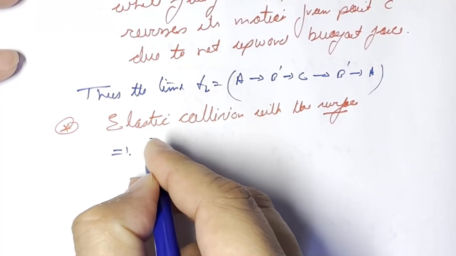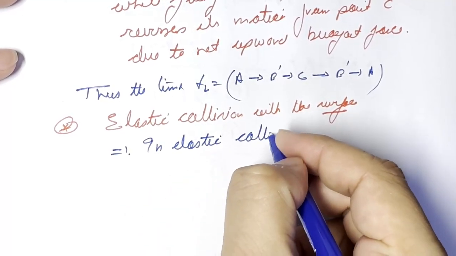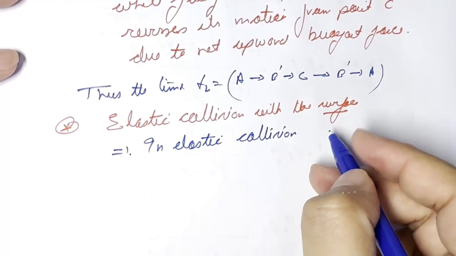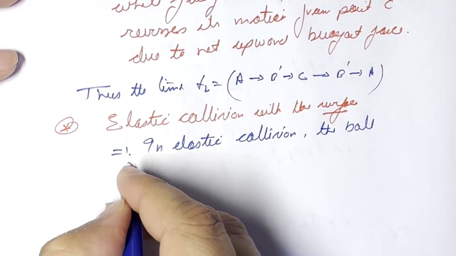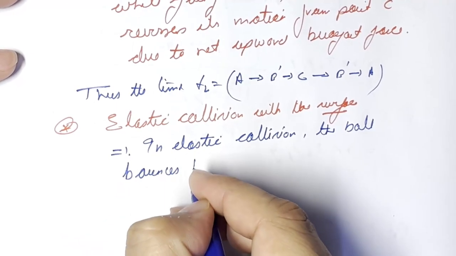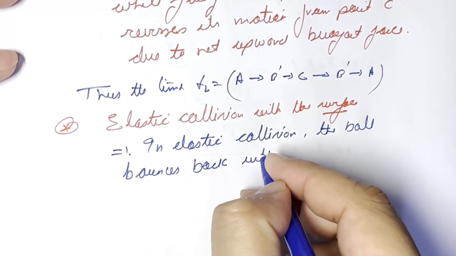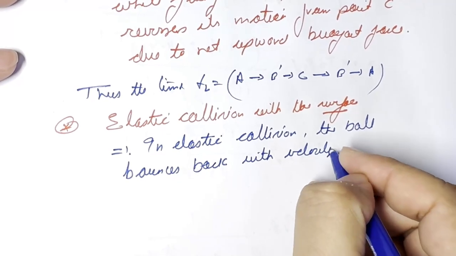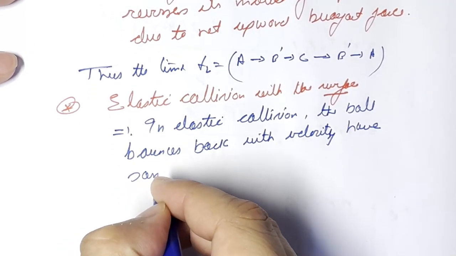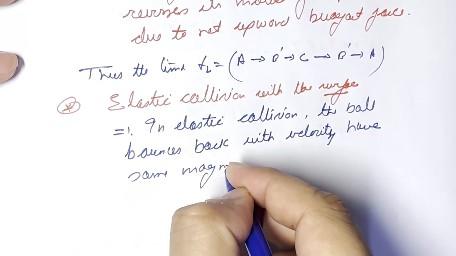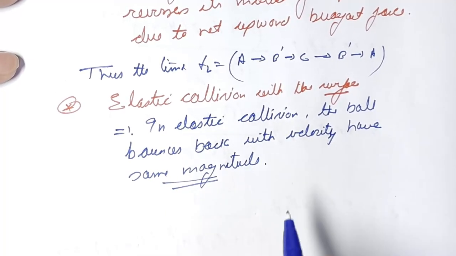In elastic collision, the ball bounces back with velocity having the same magnitude. We are only interested in magnitudes, so we will focus on that.